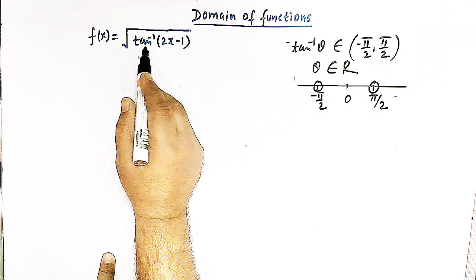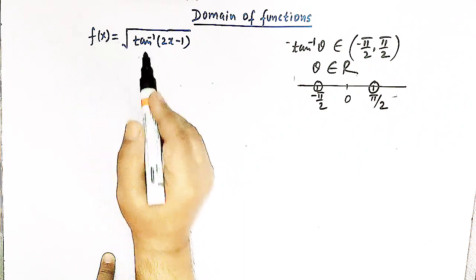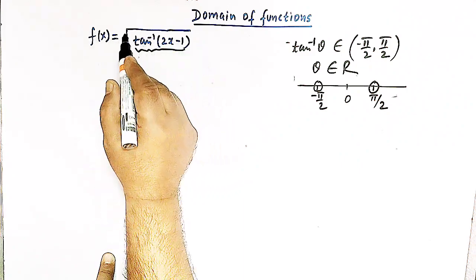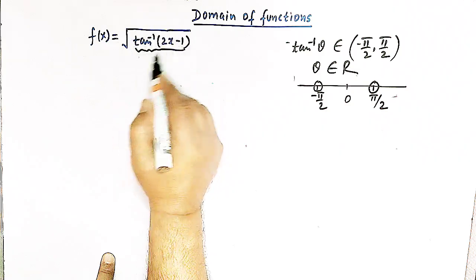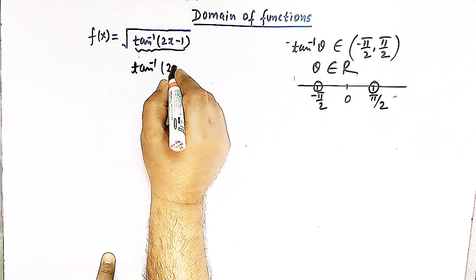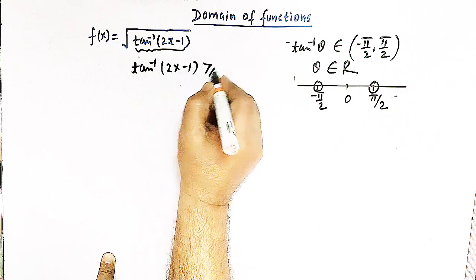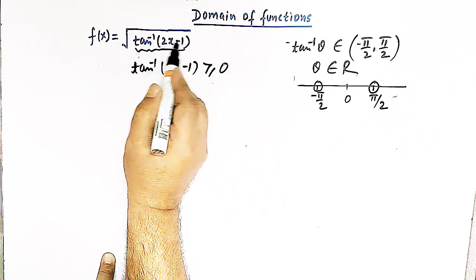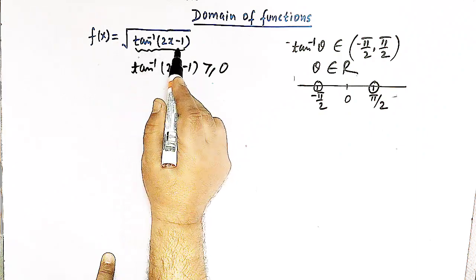So this function f of x is defined if the quantity inside the square root sign is greater than or equal to 0, because under the square root sign we cannot have a negative number.